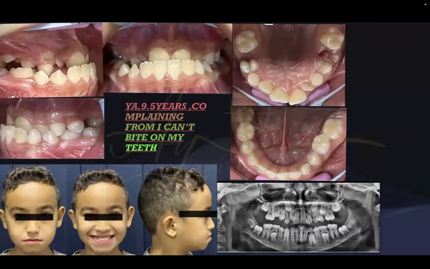Once we receive it, the hyrax is cemented to the posterior teeth, and the pre-activation is done by 2 turns. We also show the patient's parents how to activate the hyrax screw.